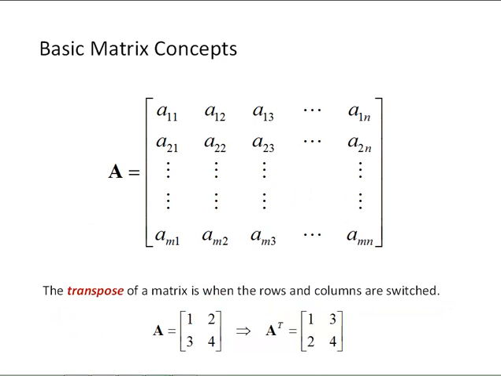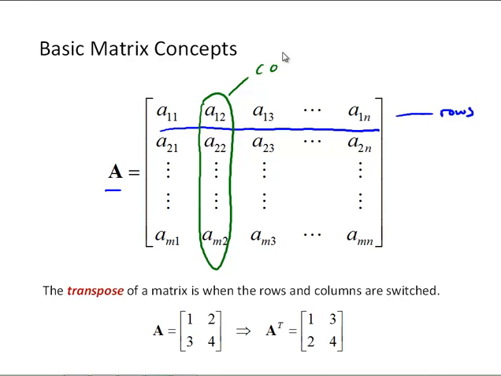So let's start with some basic matrix concepts. We'll refer to a matrix A as any table of numbers, basically. And the table consists of rows and columns. And we can talk about any individual element in the matrix with its row column index.